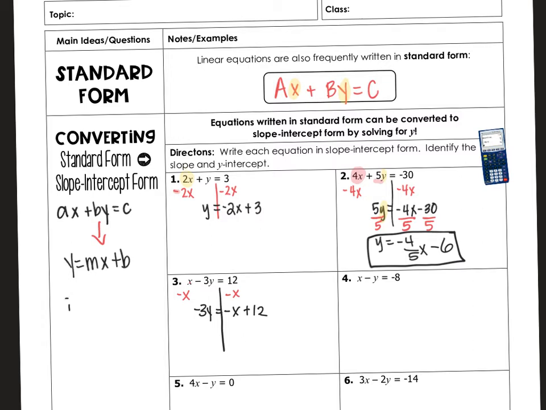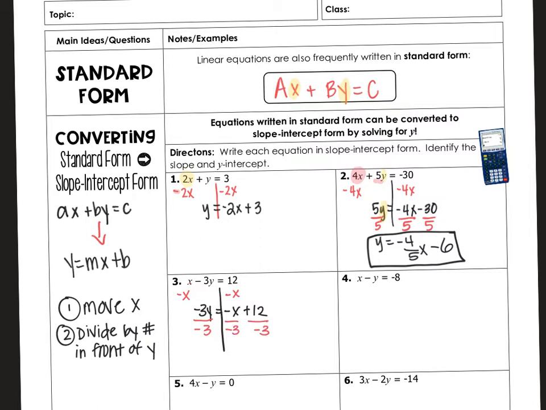So our first thing we did is we need to move our x by doing the opposite, and then we need to divide by the number in front of y. So in this case, it's negative 3, so let's divide by negative 3.